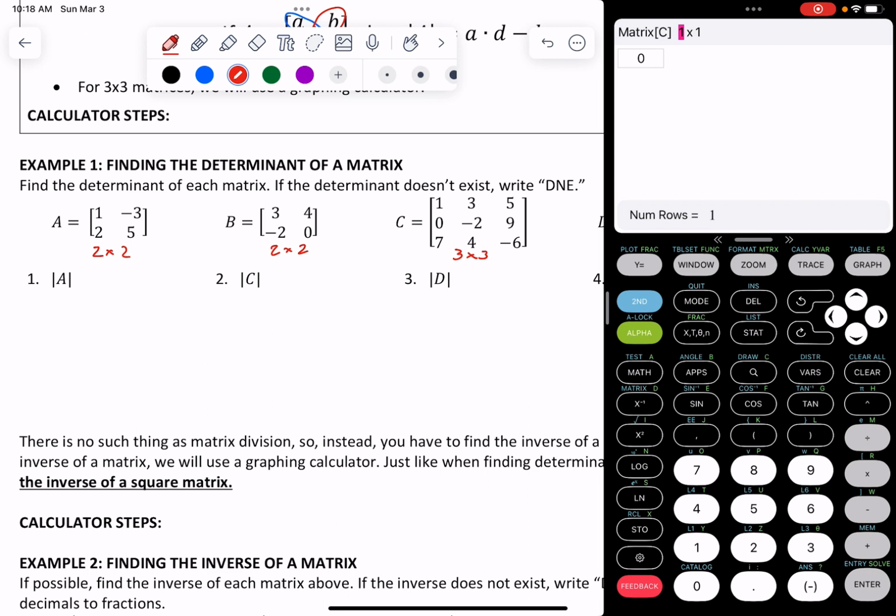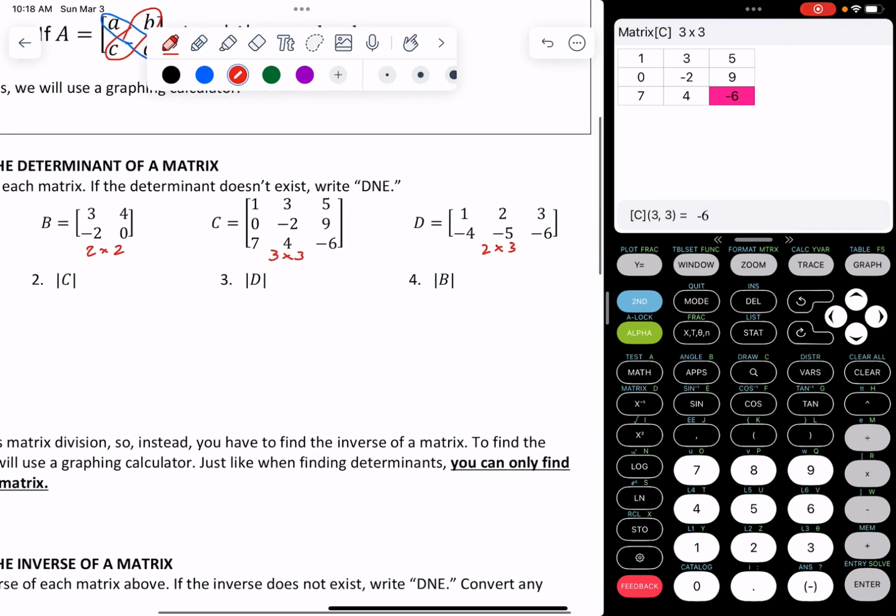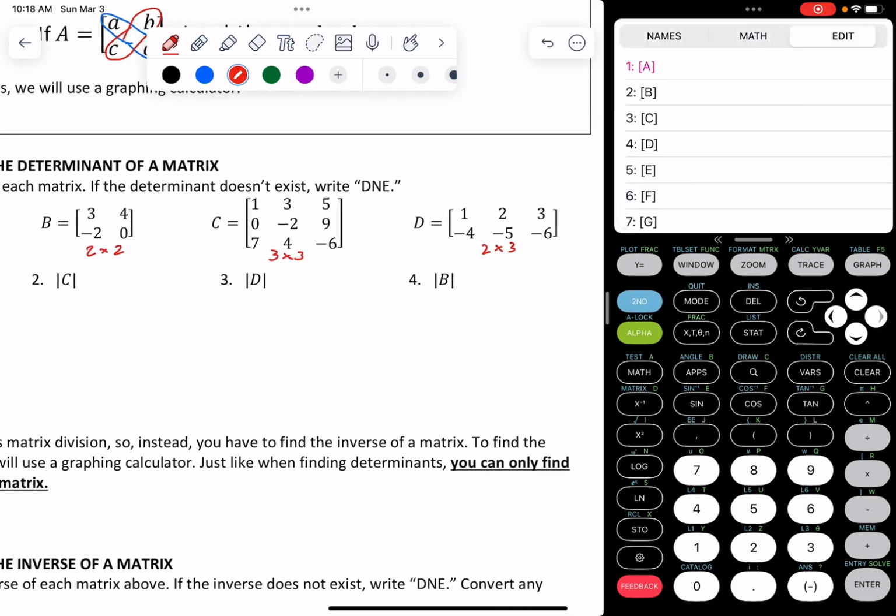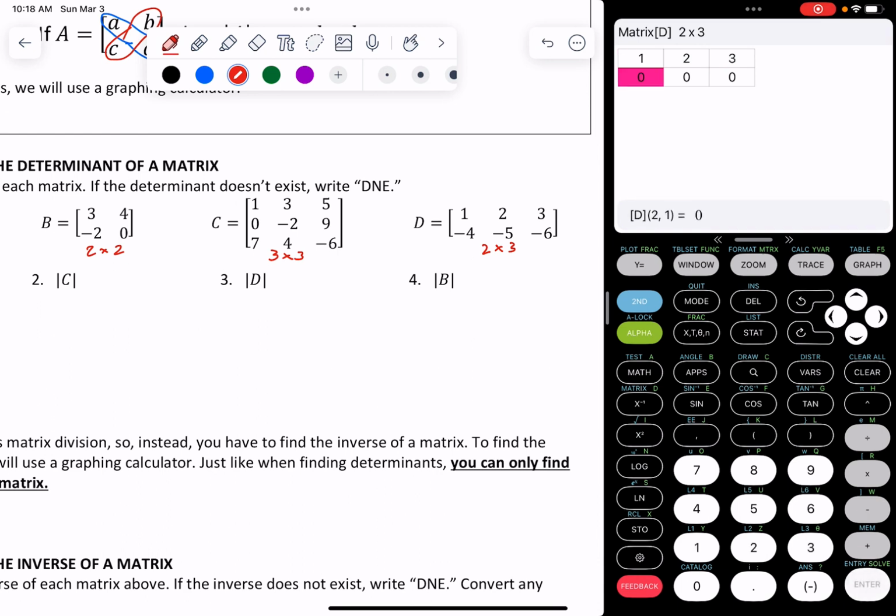Edit for C. This one is 3x3: 1, 3, 5, 0, -2, 9, 7, -6. And then for D, edit. This one is 2x3. And -6. Okay, so quit out of there.